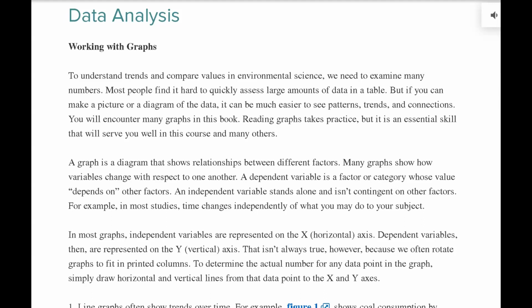There are other types of graphs that can sometimes be found in science, but these are the three most common ones. We're also familiar with the definition of the x and y axis, and we also know the difference between dependent and independent variables.